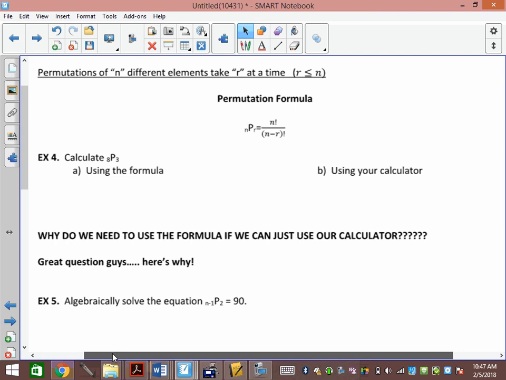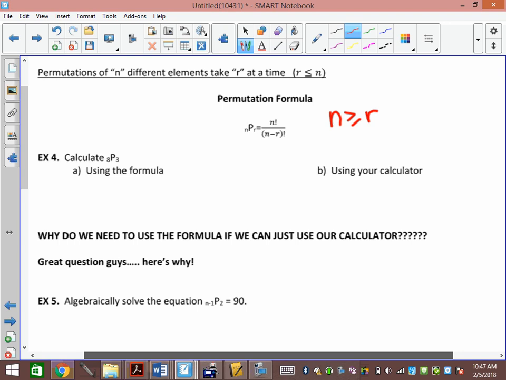In here it says that r has to be less than or equal to n, or we could say that n has to be greater than or equal to r, because you can't choose a number from something that's smaller than it, right? Like you can't go 1P2. That means you have 1 and you pick 2. That doesn't make any sense. Can you do 2 books and pick 2? Yes, they can be the same number, but n has to be at least the same number or greater, or r has to be at least the same number or less. Okay?